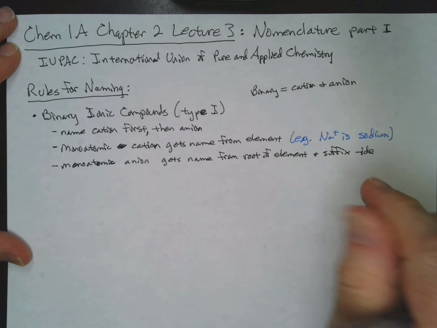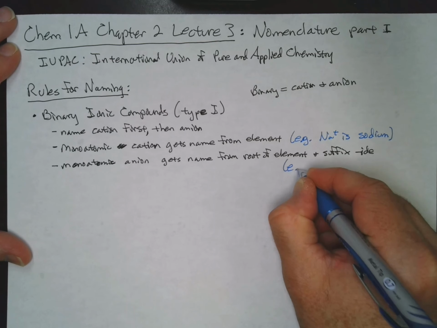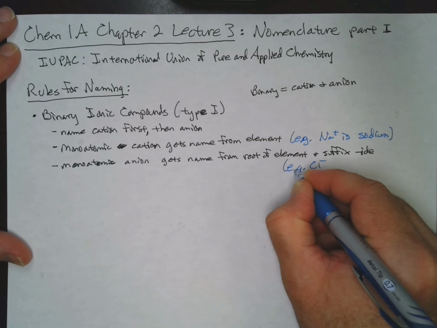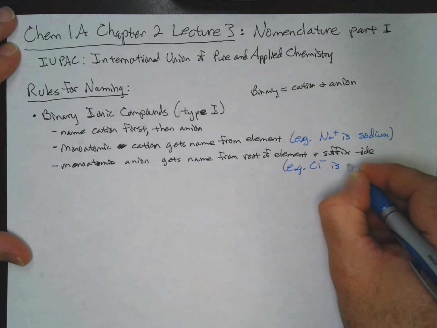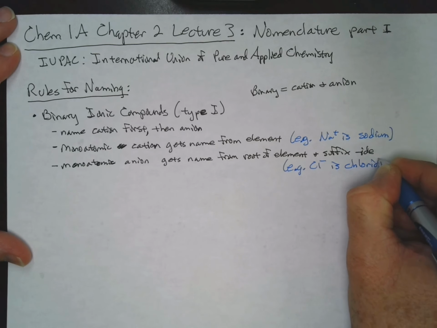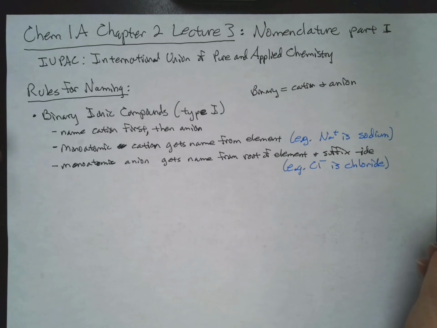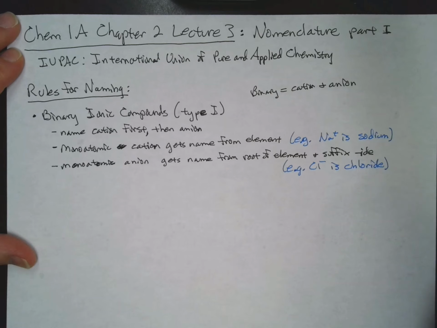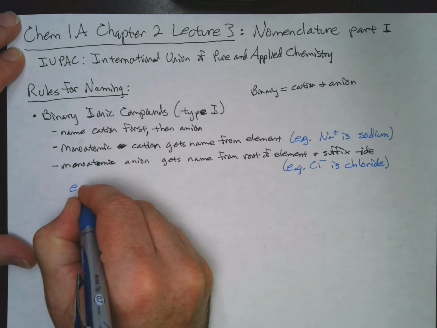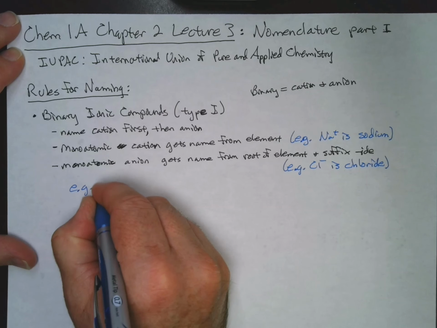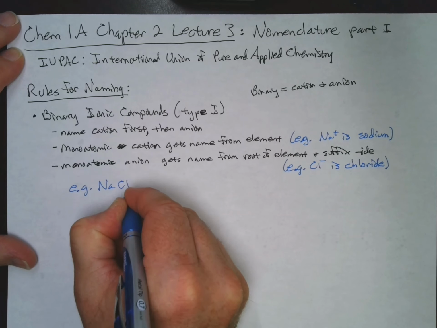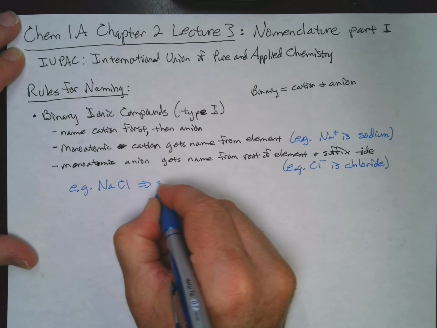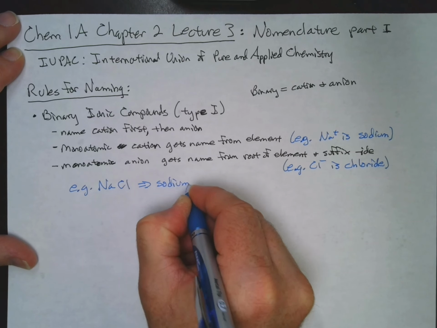So for example, Cl minus is chloride. So in this example, if you are faced with NaCl, that becomes sodium chloride.